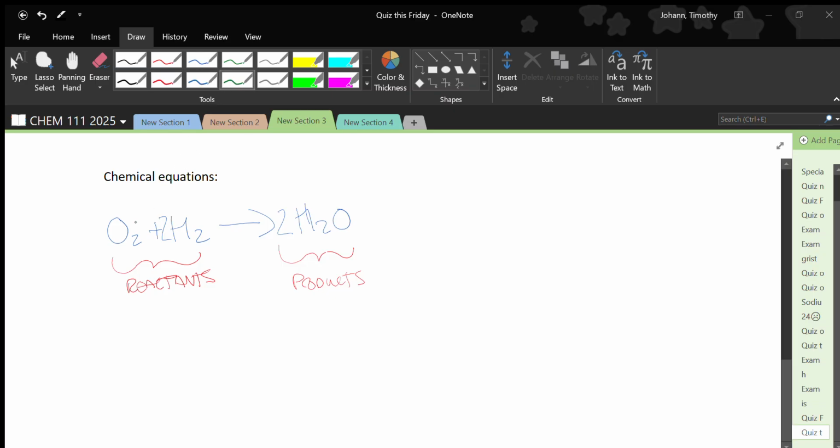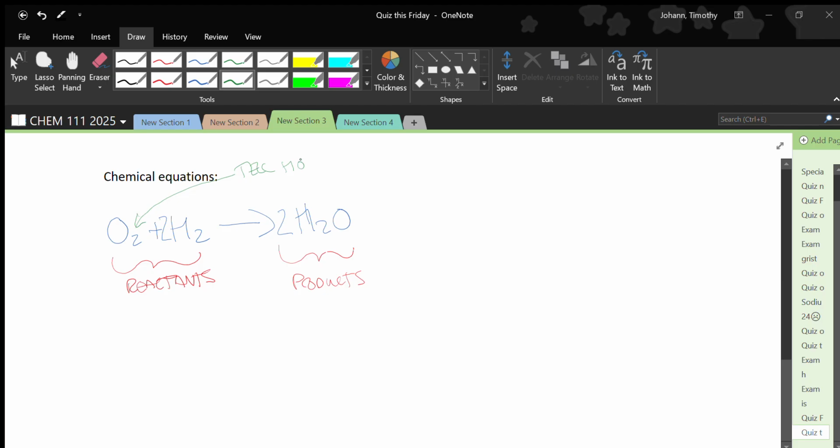These subscripts here tell us how many atoms are in whatever molecule we're looking at. Each of these is a molecule, or if it was ionic, let's say a compound. I'm going to say compound because it's more general.